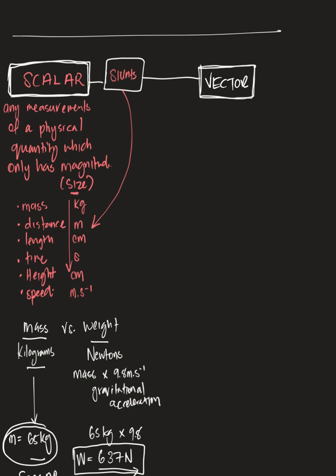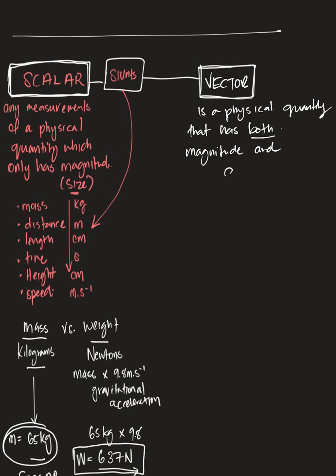A vector is a physical quantity that has both magnitude and direction. That's the important part, which means it has a size, and it has some sort of direction.